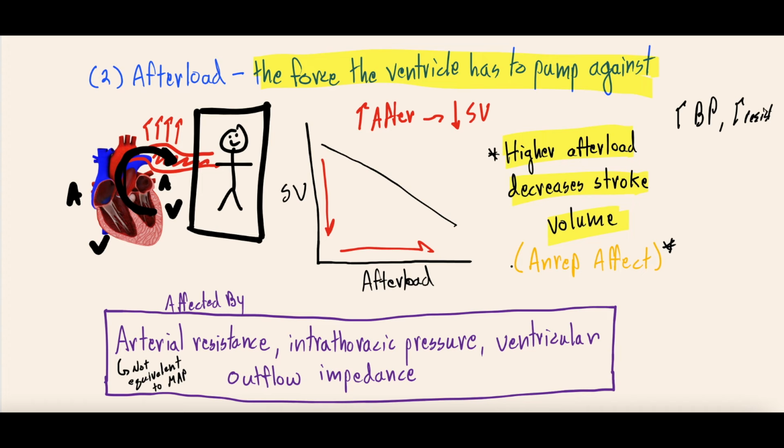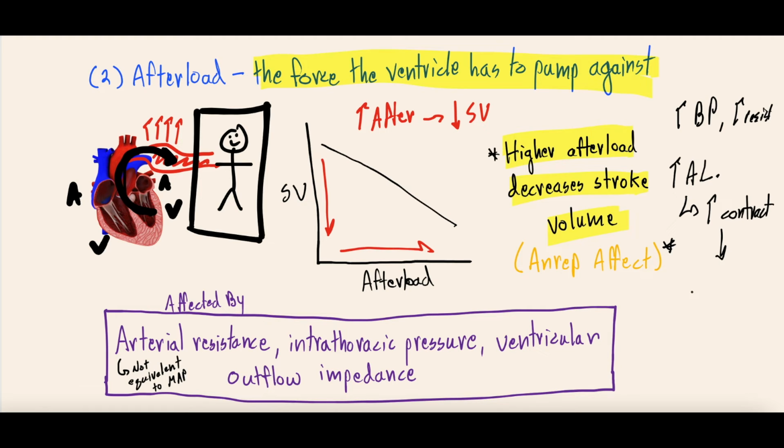We're able to equilibrate for that, and that's the Anrep effect. And they actually saw that for healthy hearts, at least to a degree, if you increase your afterload quickly, we'll just say afterload, AL, you actually get an increase in contractility of your heart, which we'll talk about next.